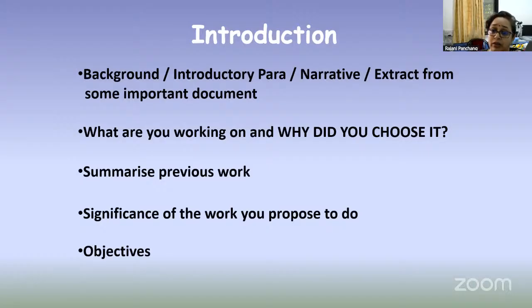How is it important? And on the basis of all this, you should be able to say what your objectives are. So all this should come in your introduction. I already showed you what my objectives were. There is no data. Data is age-old. Taxonomic method is age-old. This I already told you, low sea level, climate change. So on the basis of that, I gave my different objectives.